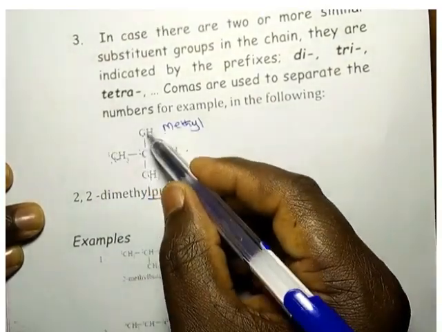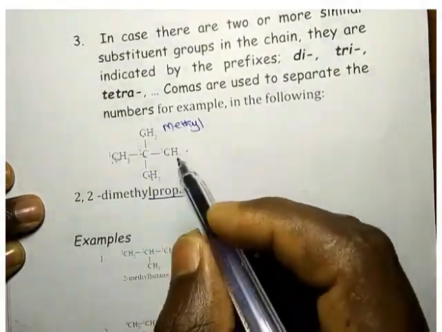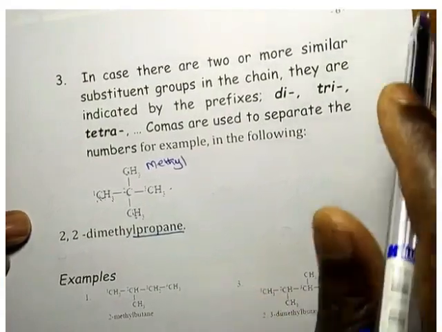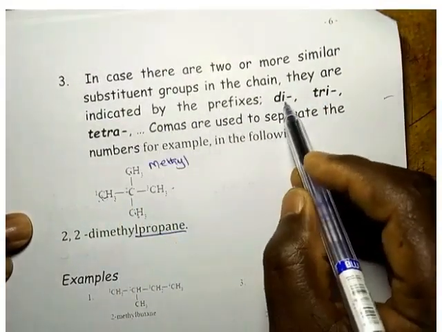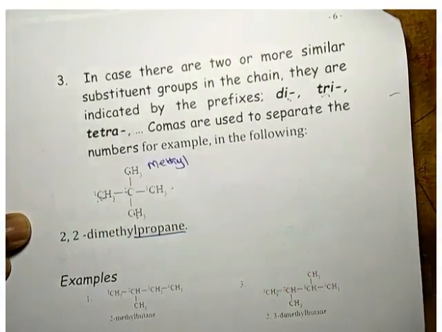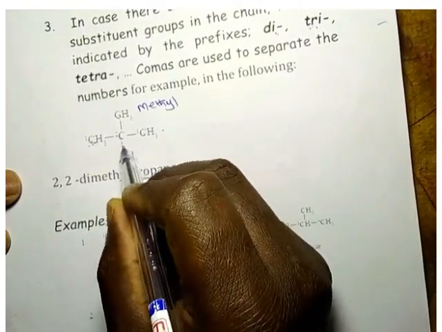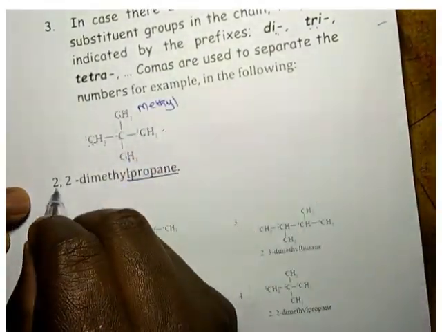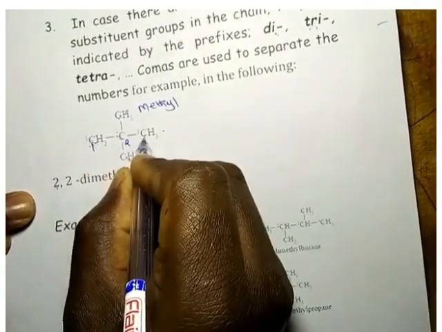So we have a methyl here and we have another one here. In case we have two or more, we indicate them by using di. Di means 2, tri means 3, tetra means 4. For example, here we have 2 methyl groups, so we are going to say 2. For carbon number 2, here we count 1, 2, 3.